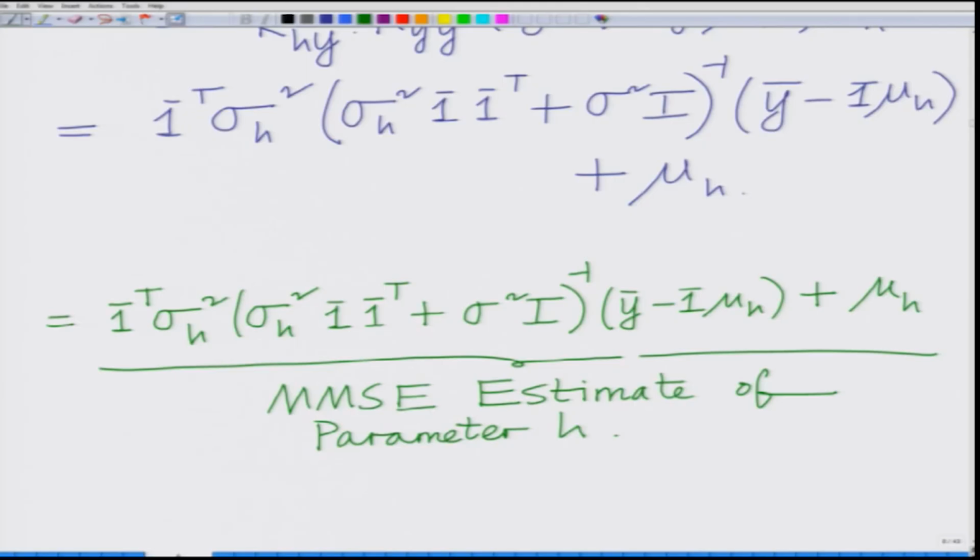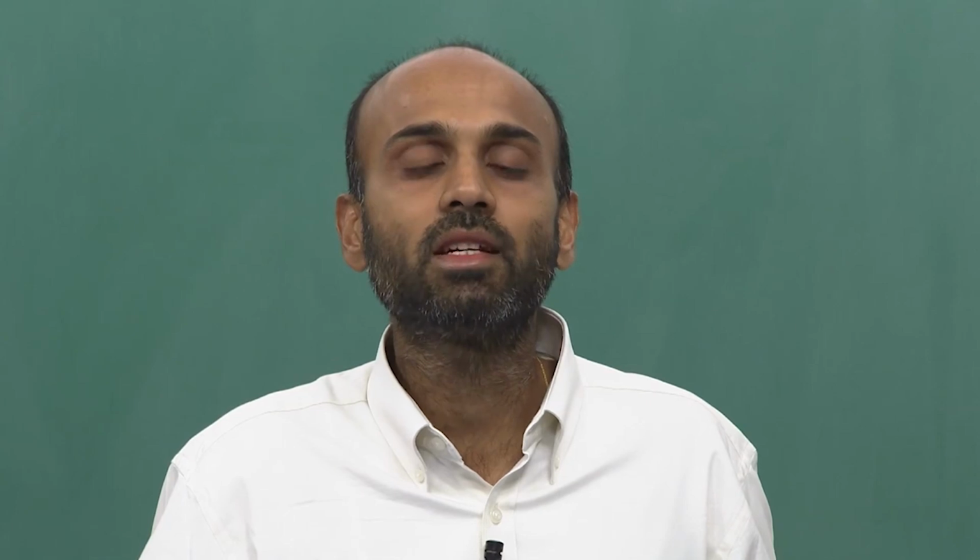So, what we have done in this module is something interesting. We have looked at how to use this principle of MMSE estimation in the context of a wireless sensor network. We have considered a wireless sensor network with n sensors making n measurements y1, y2 up to yn. The parameter h, which is let us say any parameter such as temperature or pressure, is assumed to be Gaussian in nature in the presence of Gaussian noise.